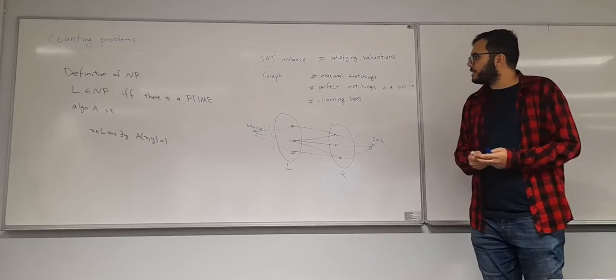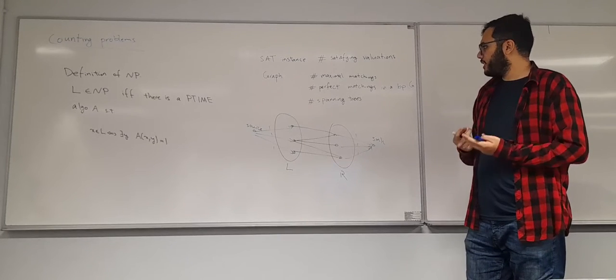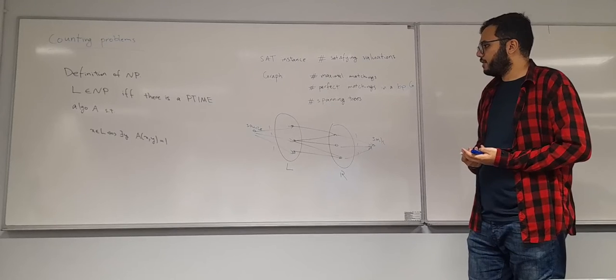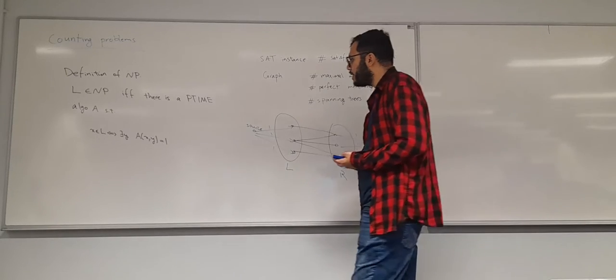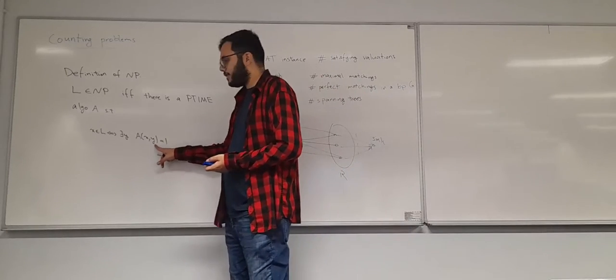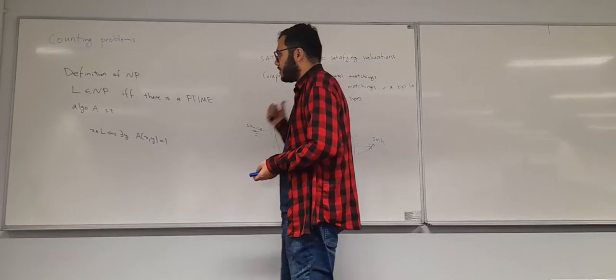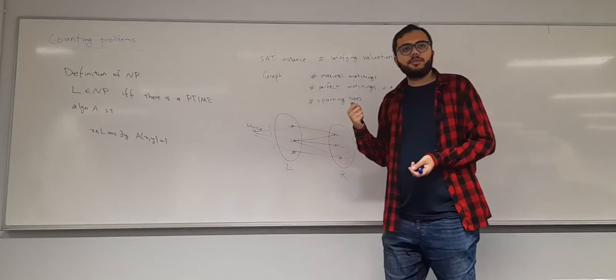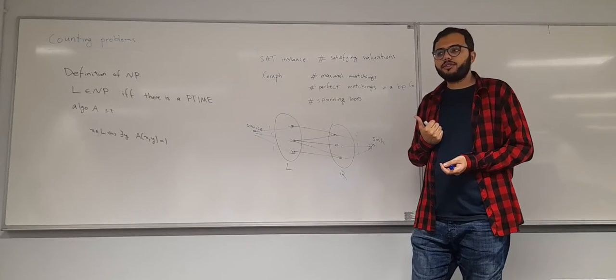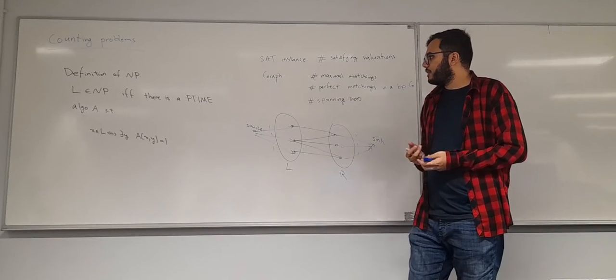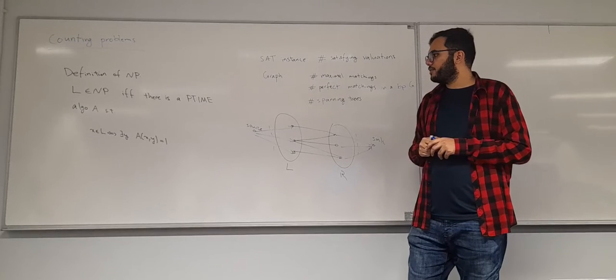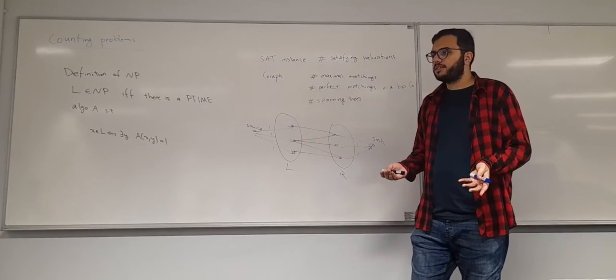So I want you to see that there are these three really different variants of the problem. One variant is just asking whether there is a certificate Y or not. That's the decision variant. Then there is the counting variant, which asks you how many certificates we have. And then there is what we call the enumeration variant, which tells you to output all the certificates.